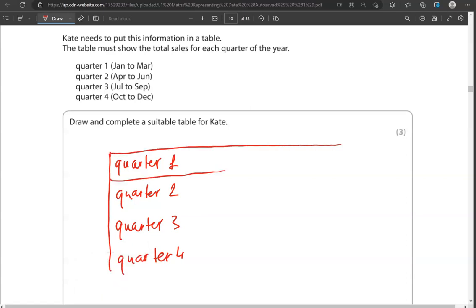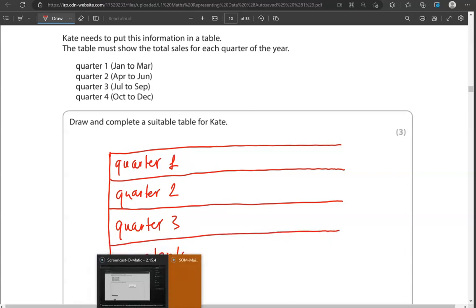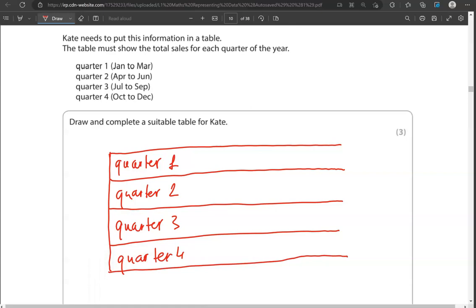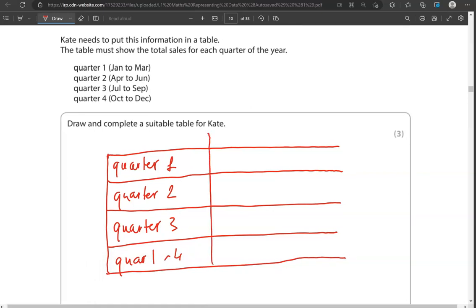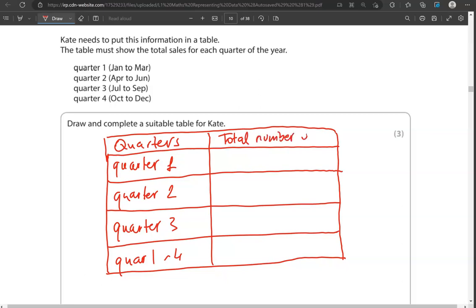Again, you need to use a ruler when you do this on paper. Give the arrows the same width. So total number of sales and quarters.